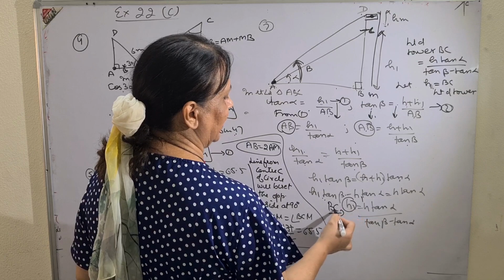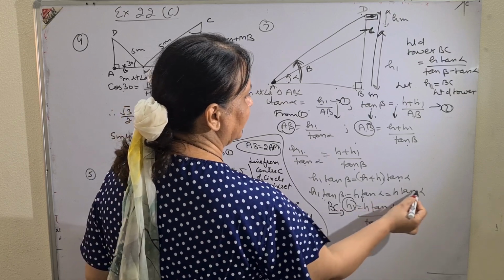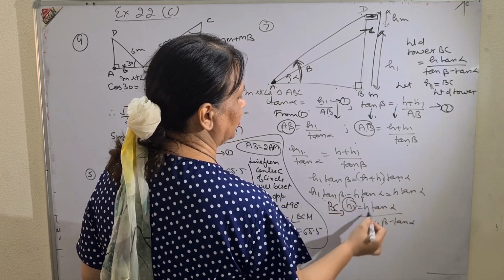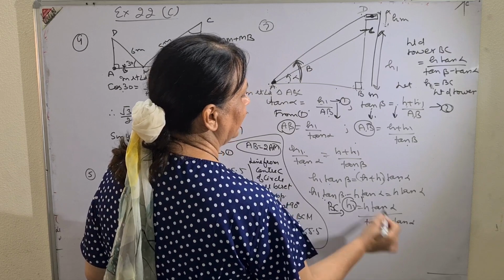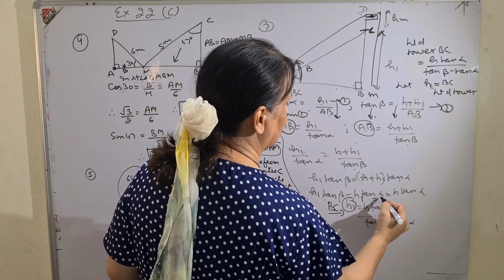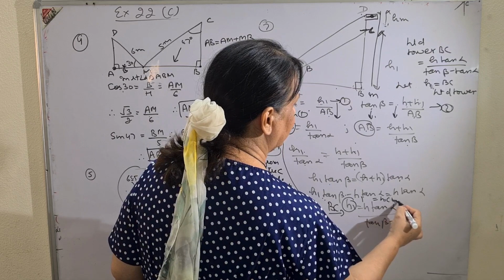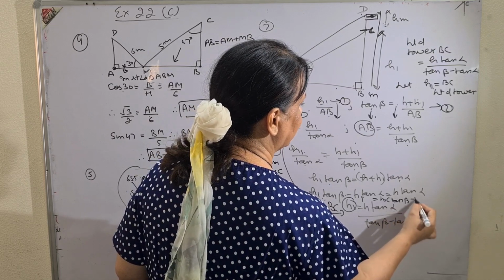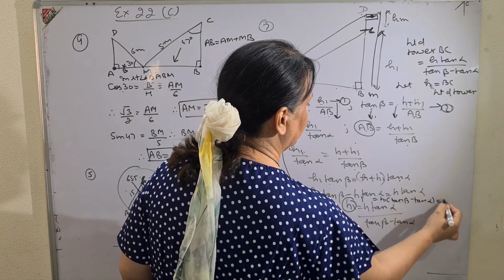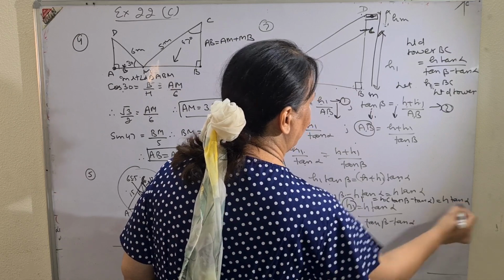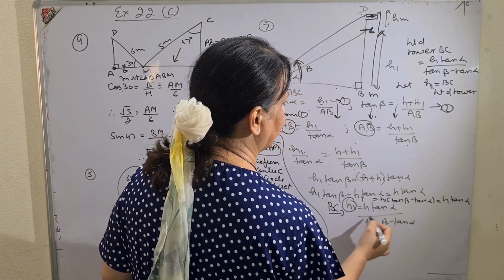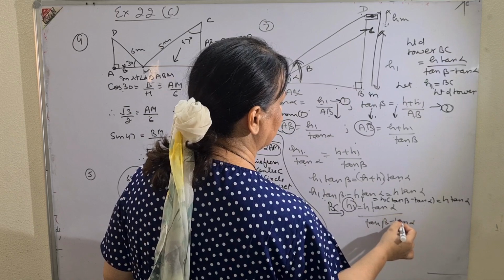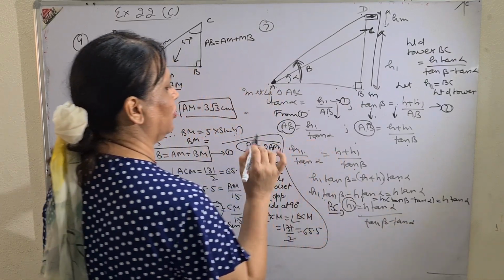So BC, that is the height of the tower, is equal to h tangent alpha, and the rest of the expression you can take on the right hand side. One more step I am doing: h1 into tangent beta minus tangent alpha is equal to h tangent alpha, or h1 is equal to h tangent alpha over tangent beta minus tangent alpha. This is your required answer.